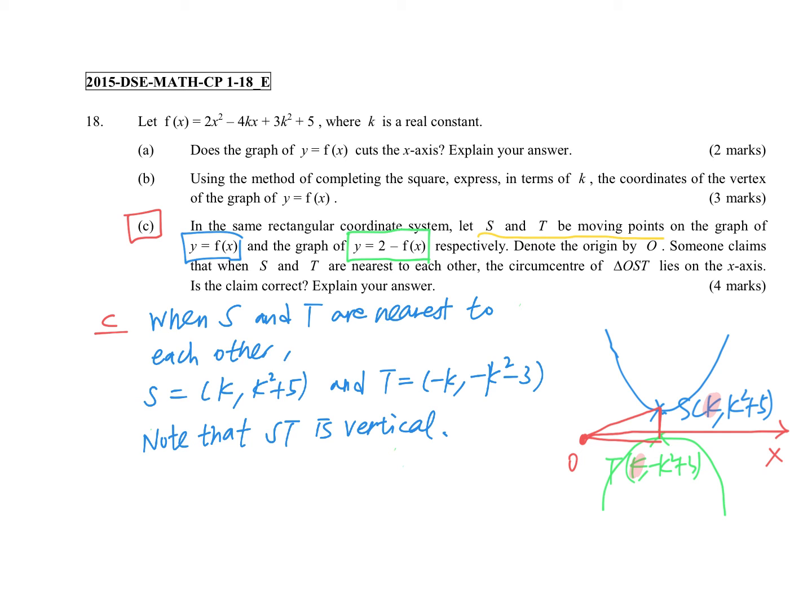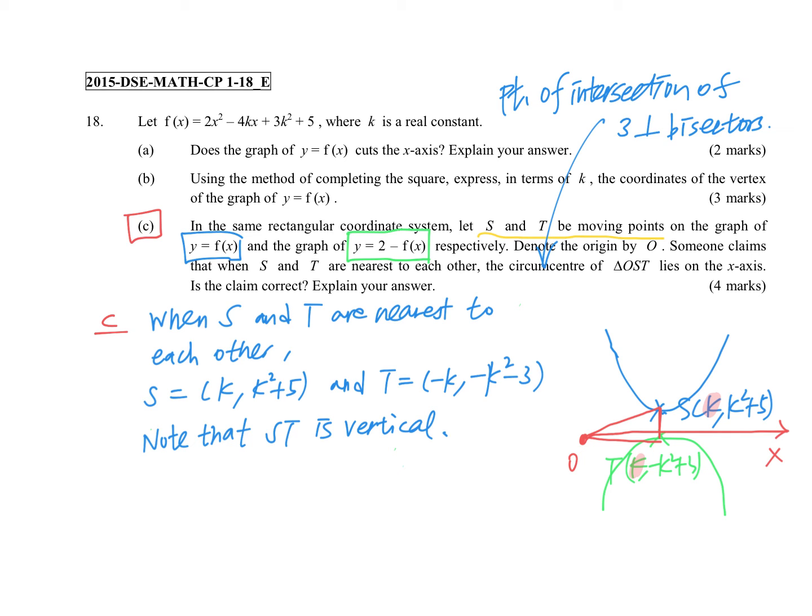So that's why the perpendicular bisector, because the circumcenter will be the point of intersection of the three perpendicular bisectors.